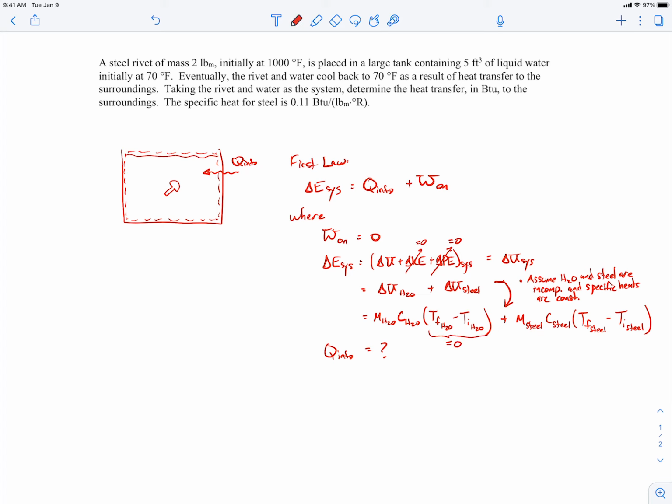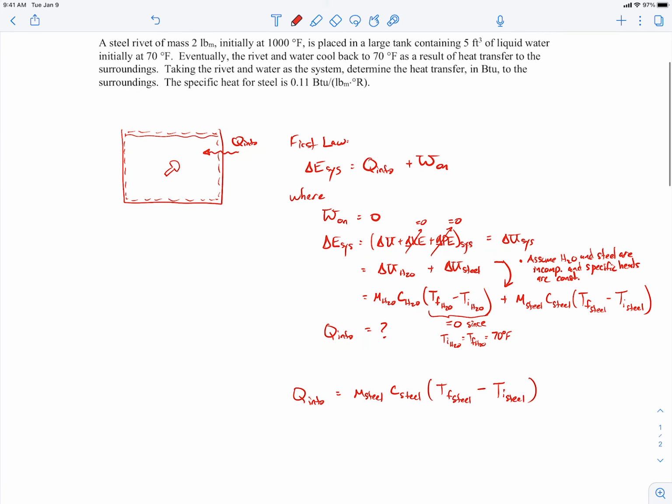So this actually is 0, since T initial and T final for the water are both at 70 degrees Fahrenheit. So that one goes to 0. So we don't even have to worry about the water in this. So in the end, the Q into will be the mass of the steel times the specific heat of the steel times the change in temperature of the steel.